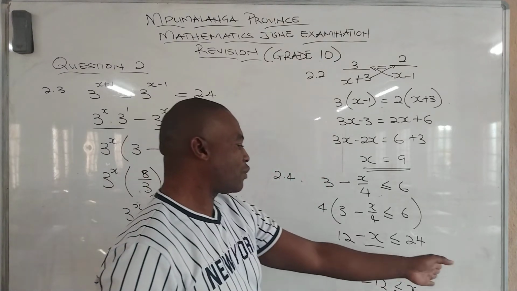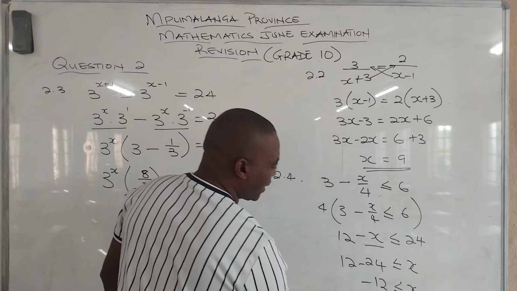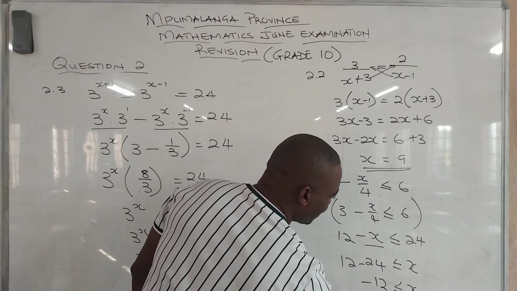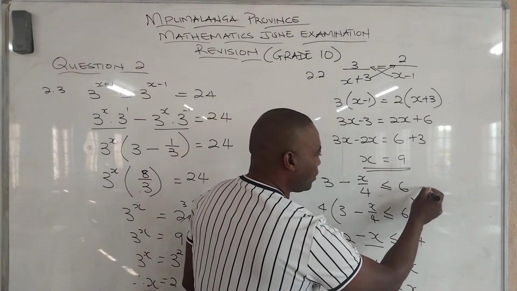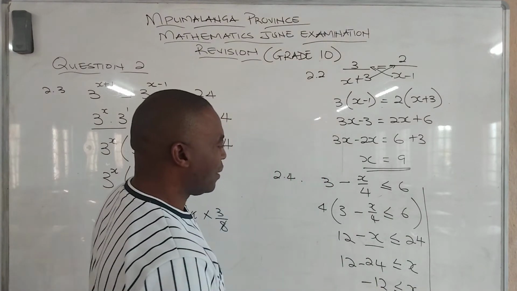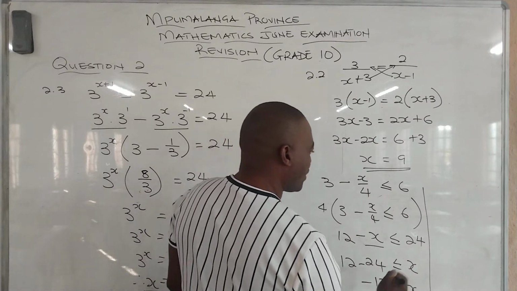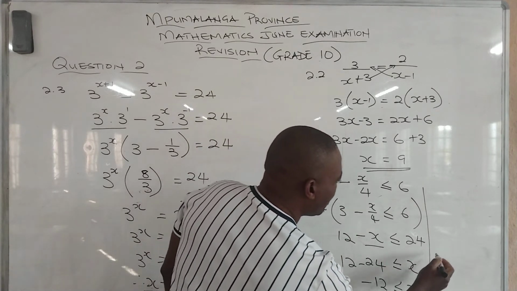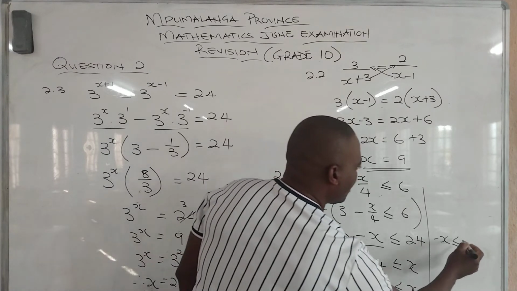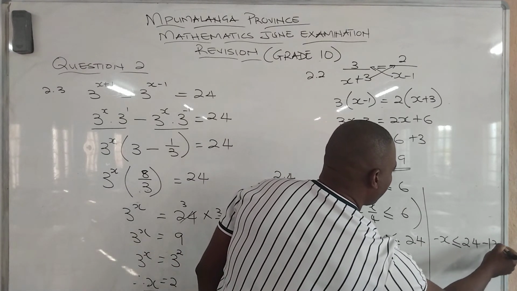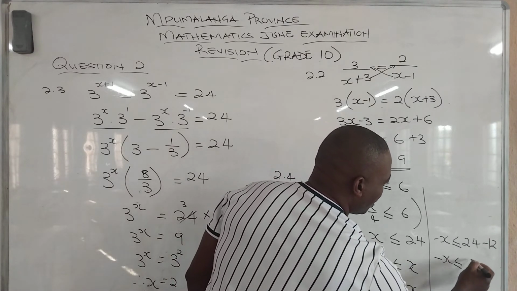And if you read it from the right side, it simply means that x is greater or equal to negative 12. Let's suppose you decided not to move x, you move 12. That would mean you'll be having negative x is less or equal to 24 minus 12, that is negative x is less or equal to 12.